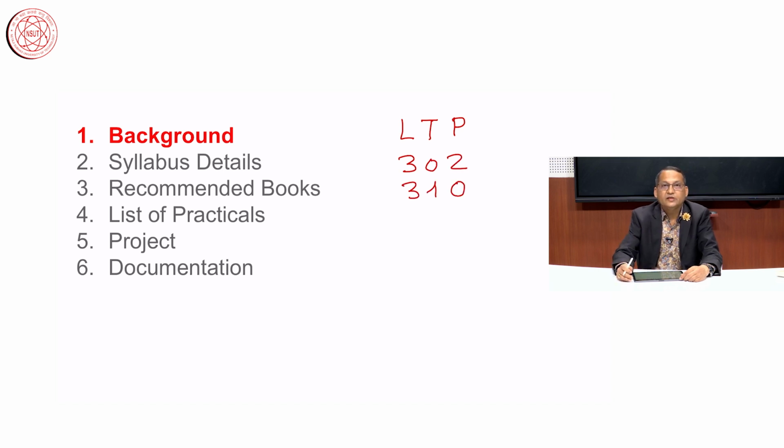As I mentioned, this is a very unique course because this does not follow these numbers, it has 204. That means we are only going to have 2 hours of theory lectures per week, but we are going to spend 4 hours in the laboratory. Obviously, the objective of this course is a lot of activity, lot of work in the laboratory.